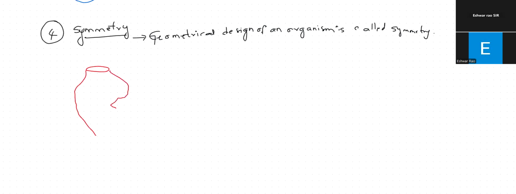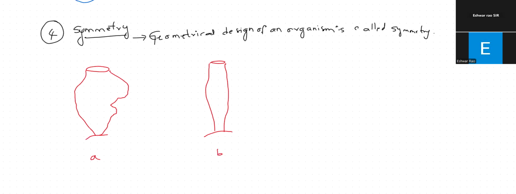And assume there is another organism here, organism A, organism B. And one more organism is present here.